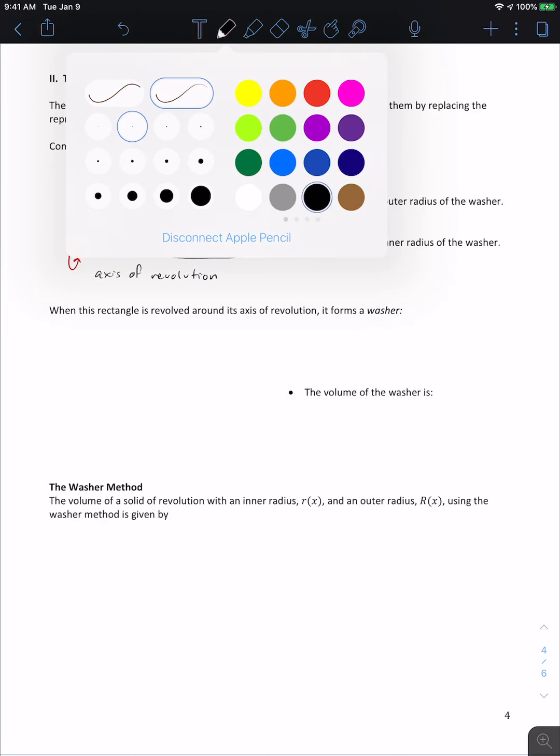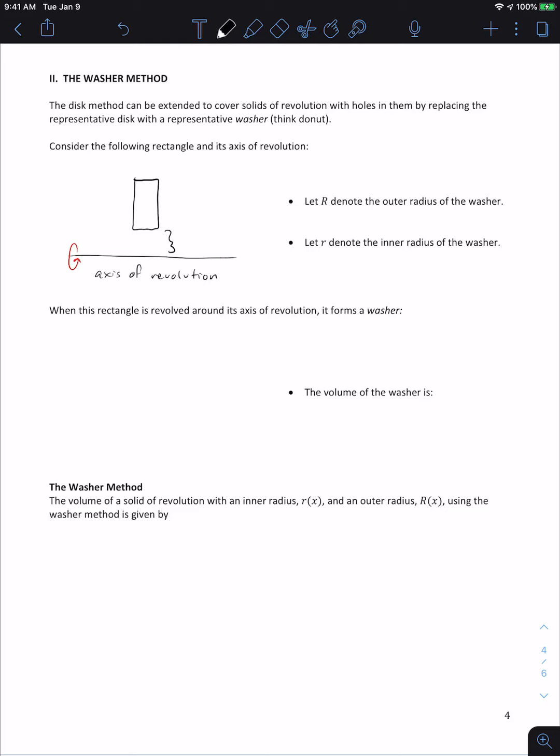Why is it a donut? Because I have this inner radius, which I'll call little r, and this big radius, which I'll call big R. I call them little and big because big R is on the outside and little r is on the inside. This is our rectangle that we're going to wrap around this axis of revolution.